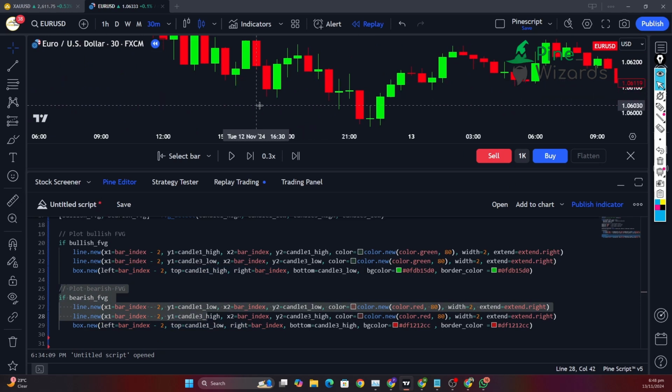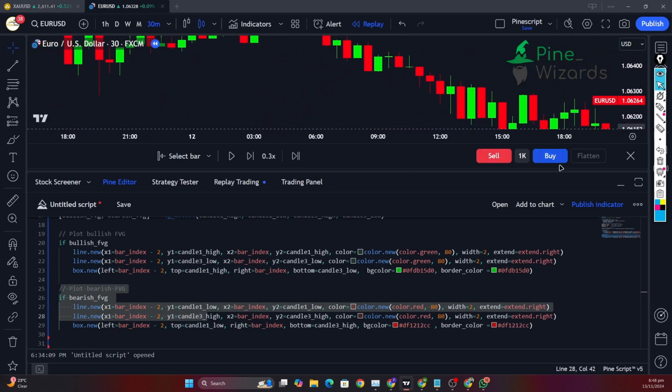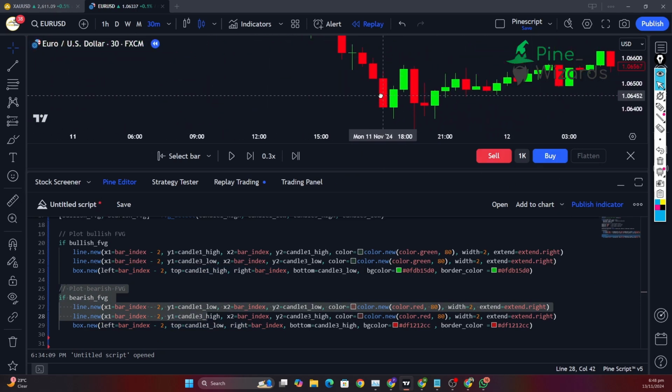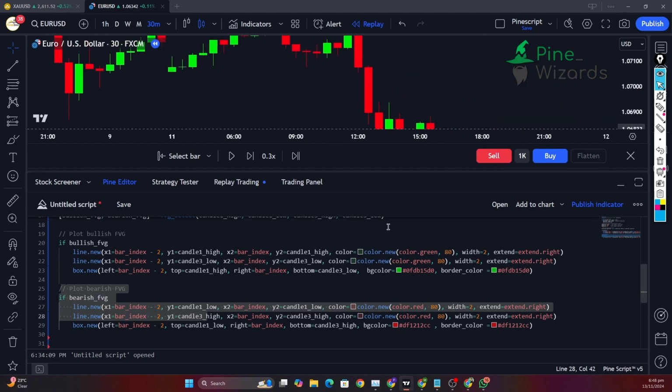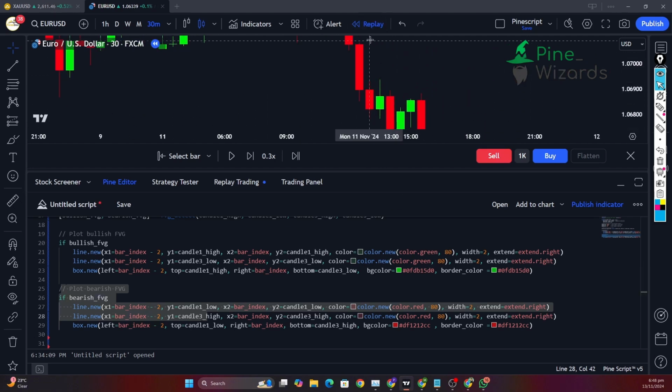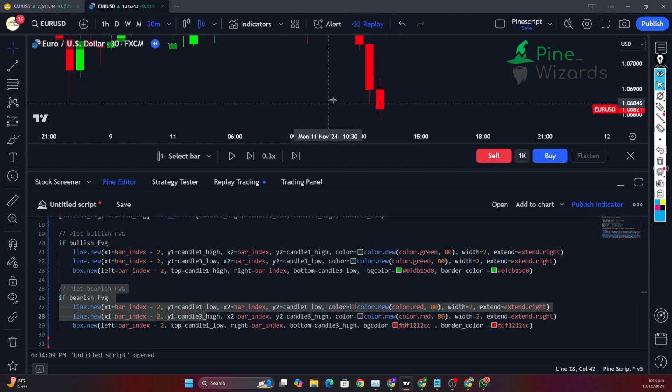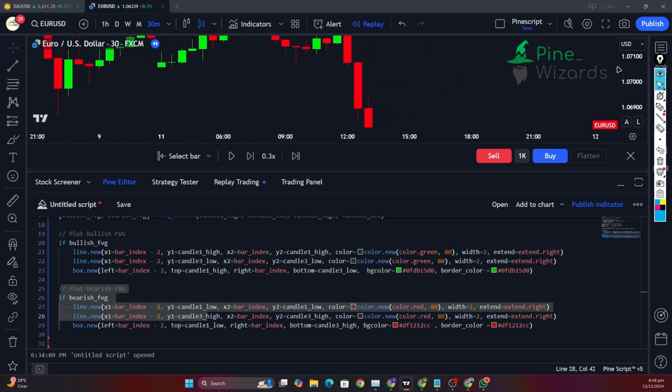Let me just go ahead and find one so that we can evaluate it correctly. Let me calculate the market till here. We'll move the market back, and here we can see that this line here is the candle 1 low, and this one here is the candle 3 high.